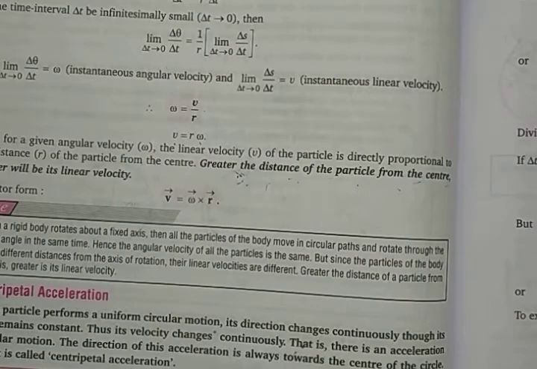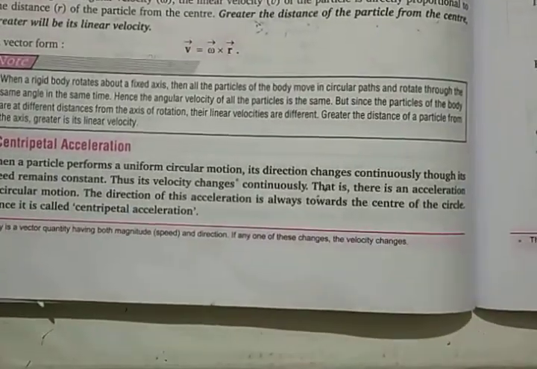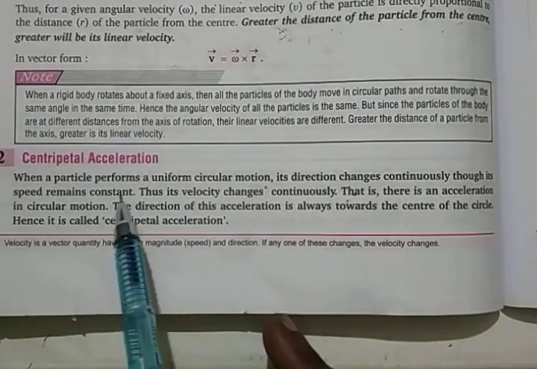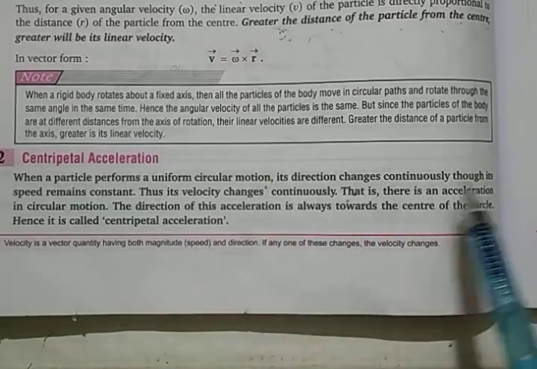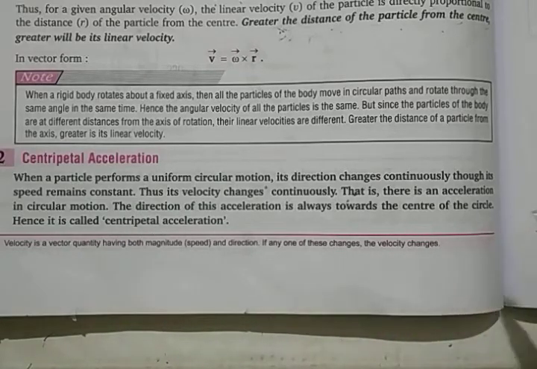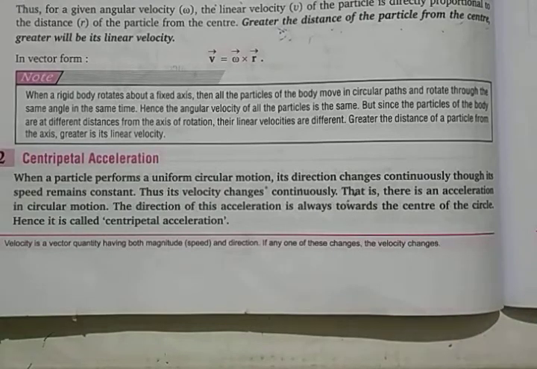Okay. Next one. We'll go to the next definition called centripetal acceleration. What is centripetal acceleration? When a particle performs a uniform circular motion, its direction changes continuously though its speed remains constant. The speed remains constant, we already saw, but the direction of the circular motion constantly changes.